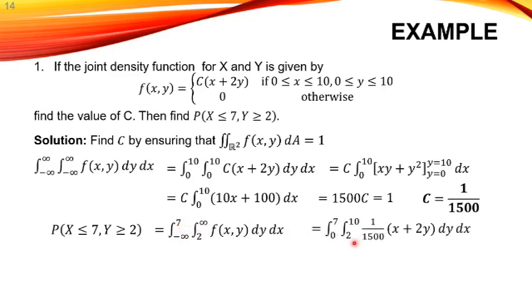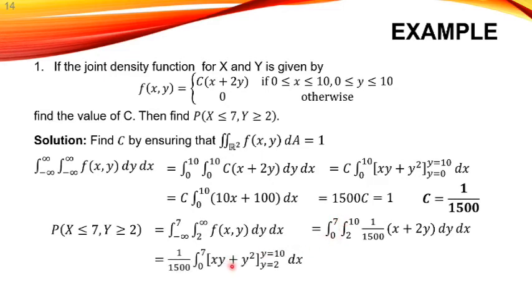So substituting the density function and the value of c, we have the double integral of 1 over 1500, which is equal to c, times x plus 2y dy dx, where y is from 2 to 10, since our limit previously is from 0 to 10 only, and x is from 0 to 7.